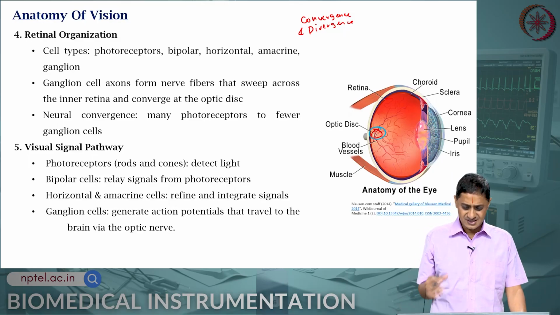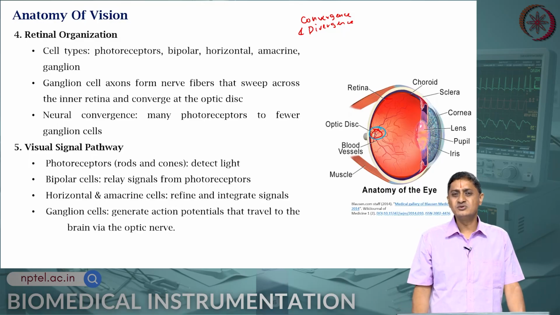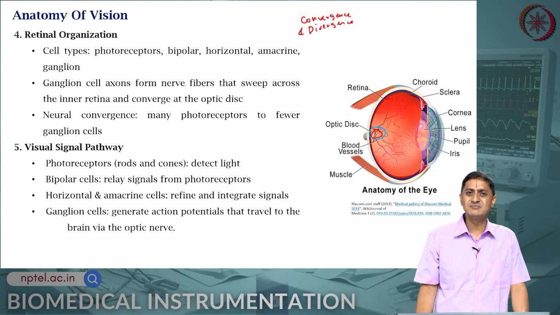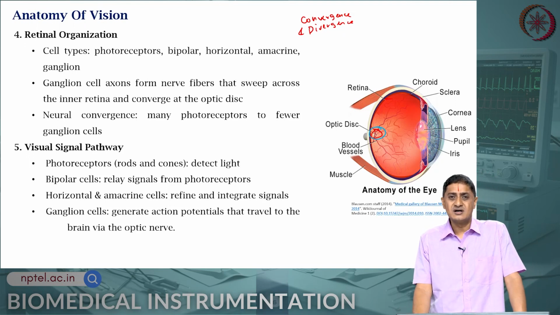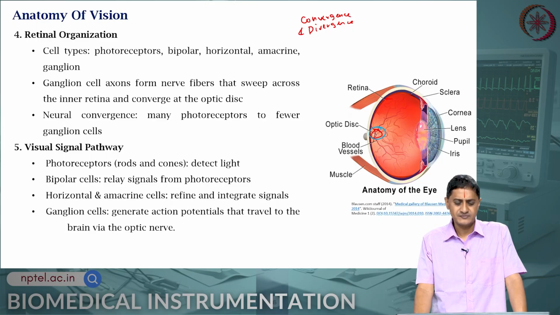It is beyond the scope of this course for me to teach this, but I have discussed this in my other courses on classics in neuroscience and neuroscience of human movements. In neuroscience of human movements, I discuss convergence and divergence in the motor cortex and in the cortical region in great detail. Those who are interested can check in YouTube.